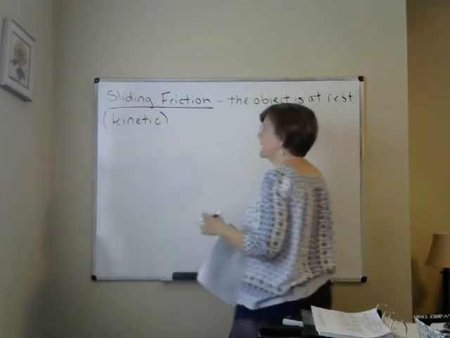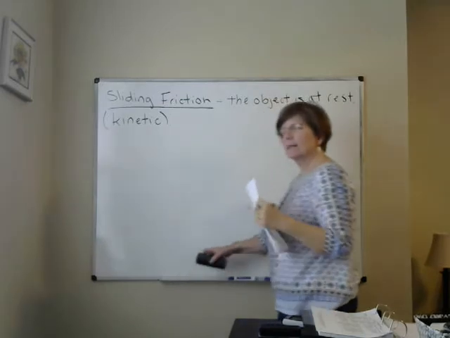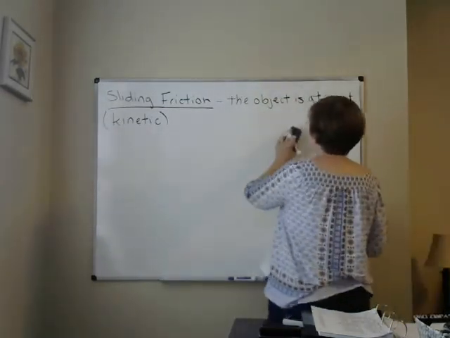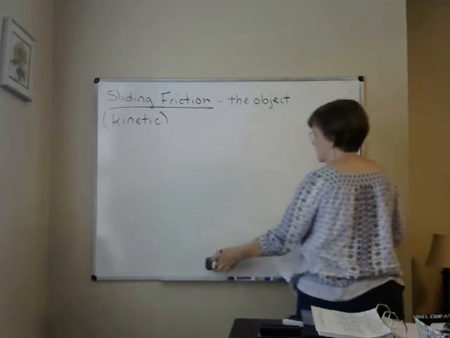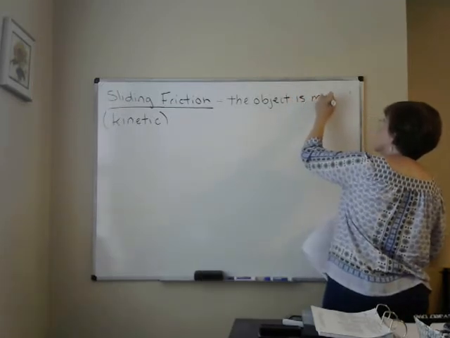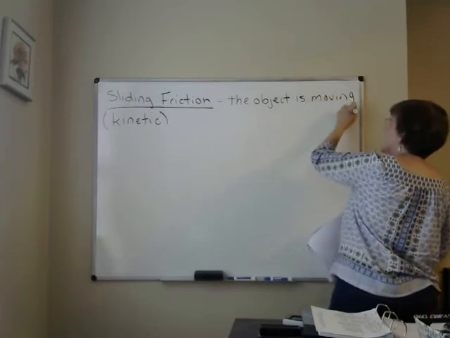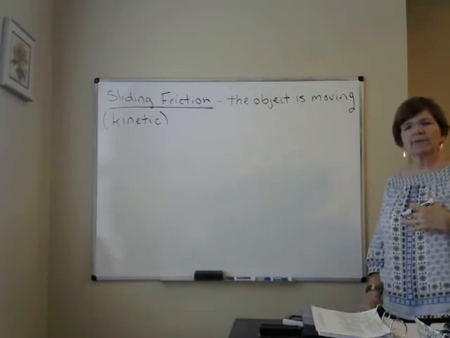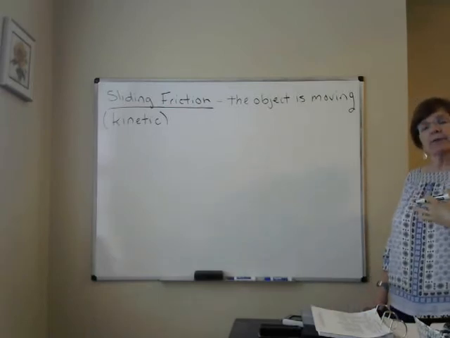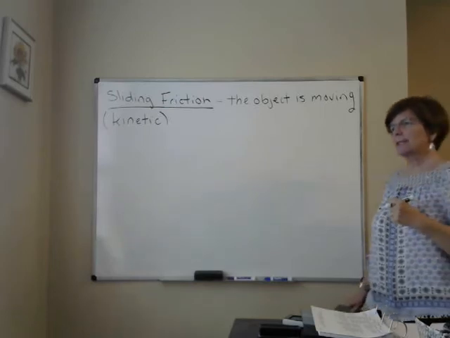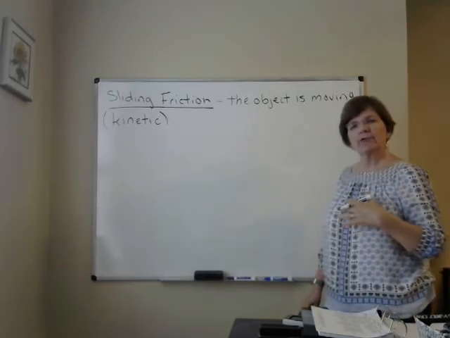The word kinetic is always associated with something moving. So, in this case, the object is moving. So, if the object's at rest and you're having a frictional force, you know it's static friction. But if it's moving, you know it's sliding friction. Now, what's really interesting is, let's go back to that heavy dresser.